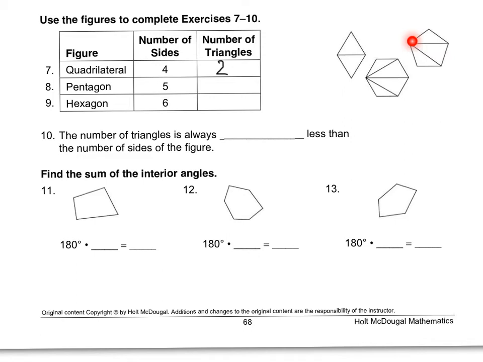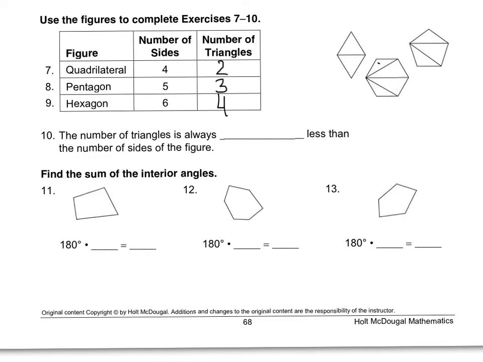I'm going to start here and connect the vertices that I can without crossing. So I form 1, 2, 3 triangles. And hexagon has 6 sides, and I'm able to, without crossing, form 1, 2, 3, 4 triangles on the inside.